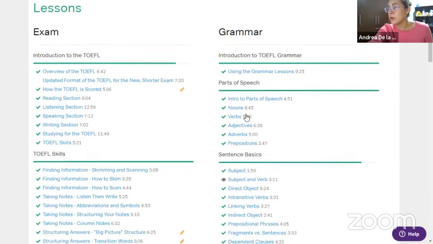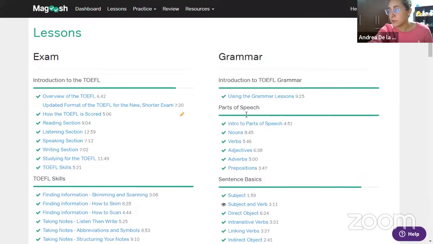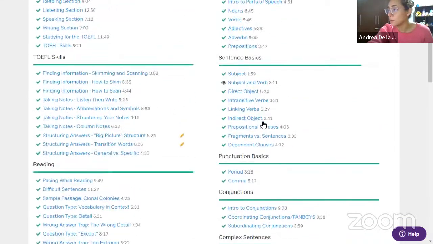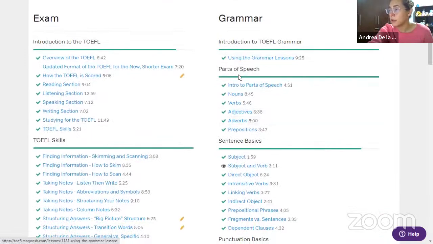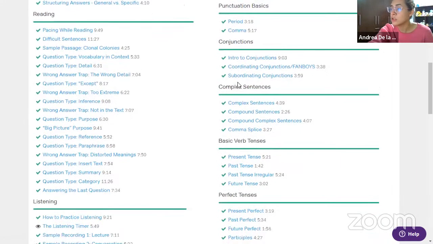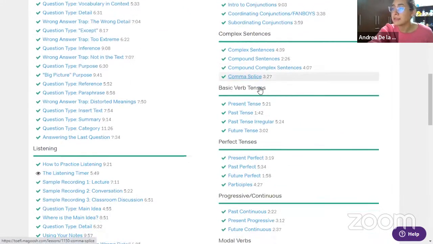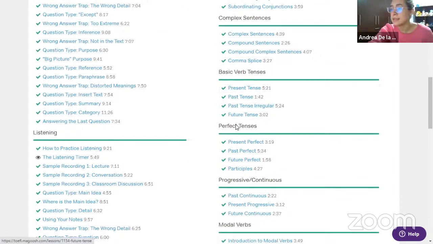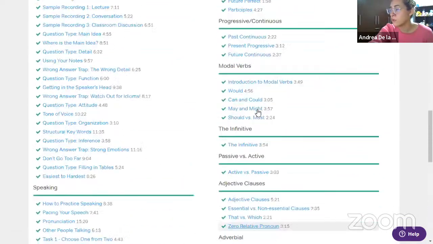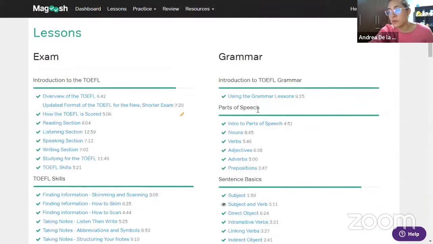So if you guys are struggling with any of these grammar lessons or grammar points, you can always go here and check them out. You have grammar like parts of speech, basic sentences, punctuation, conjunctions, complex sentences, verb tenses, the infinitive, modal verbs, and so forth. So this is really helpful for those of you who want to go beyond our lessons and maybe take something else.